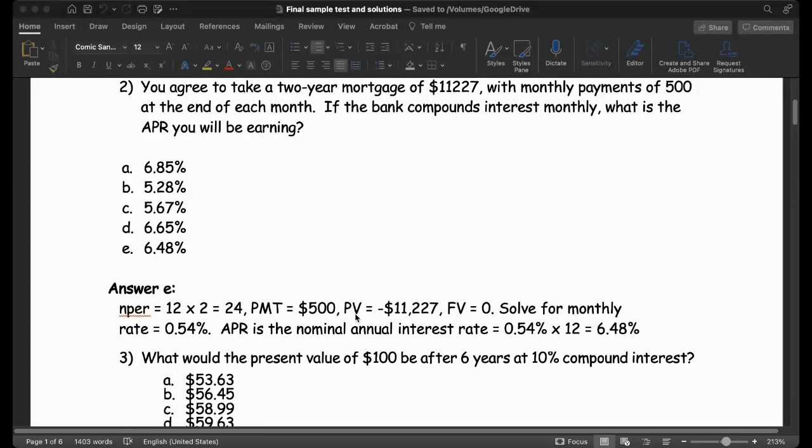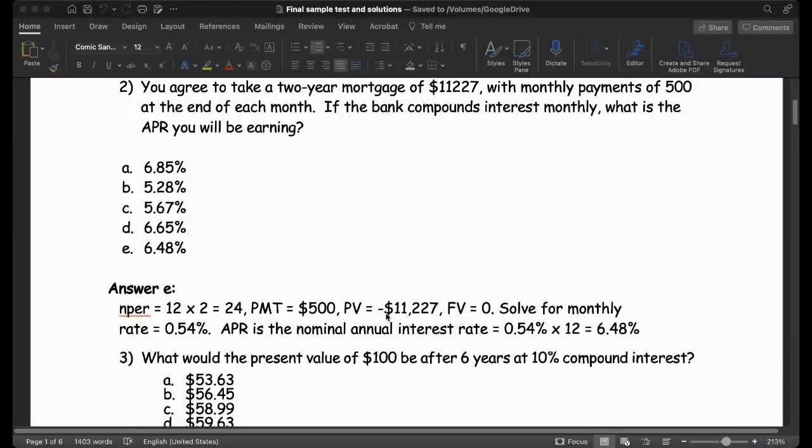And then your present value is the mortgage you take from the bank today, which is 11,227. Here we're standing from the bank's perspective. That's why 500 is positive here, meaning the bank is having a cash inflow of 500 each month. And the bank has to pay negative 11,227 today, so it has a cash outflow today.